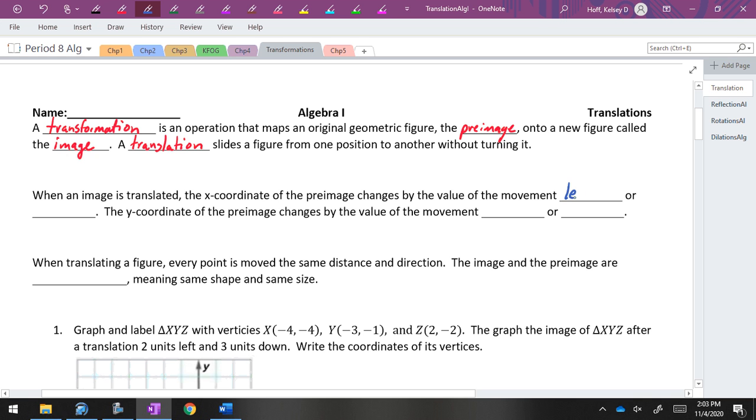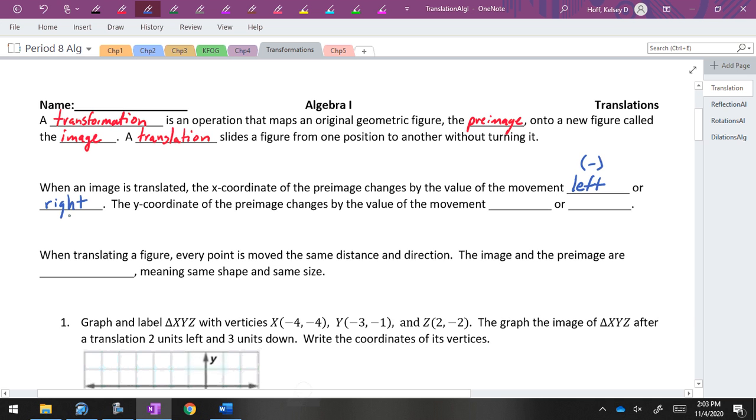Left or right? If I move it to the left, is that going to be a positive or a negative movement? Negative. And move it to the right, positive or negative? Positive.